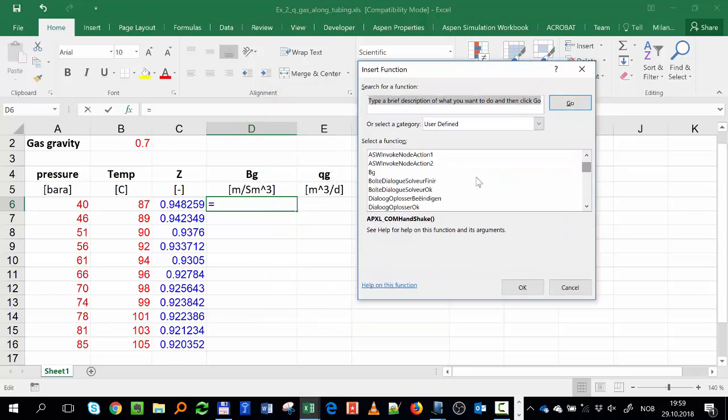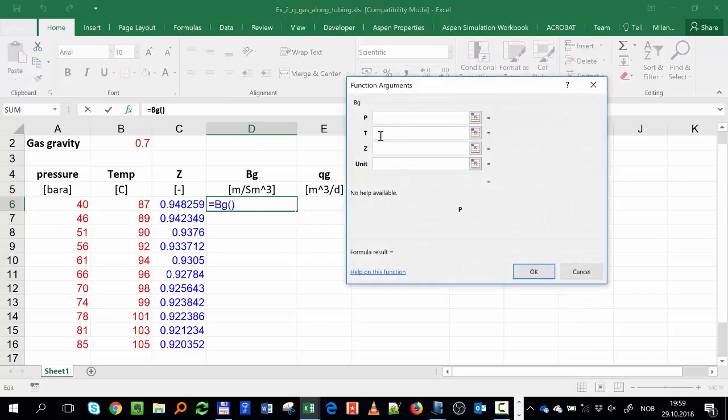I look for BG, P in bar, T in Celsius, Z the deviation factor, and unit that will be 2. I'm getting a small number of zeros.